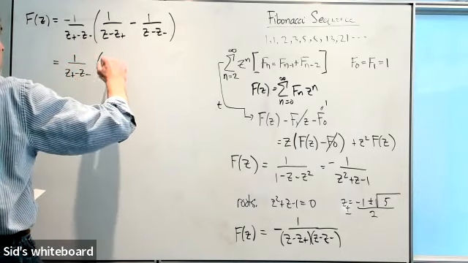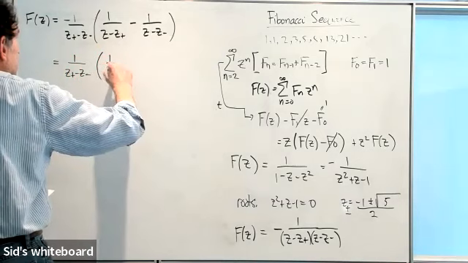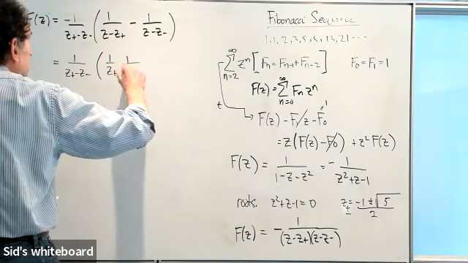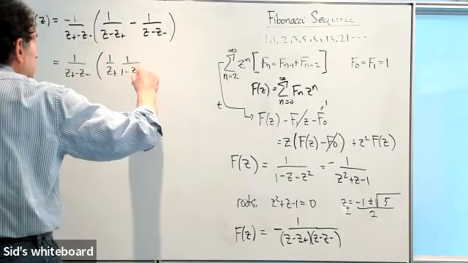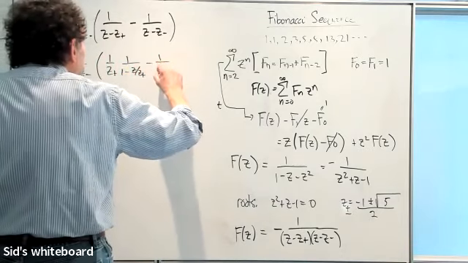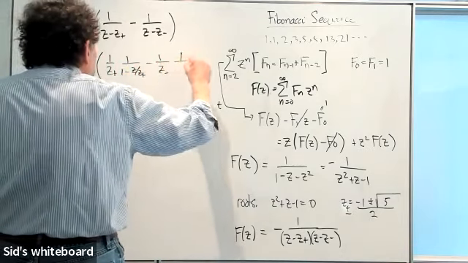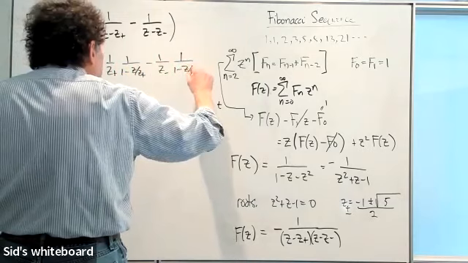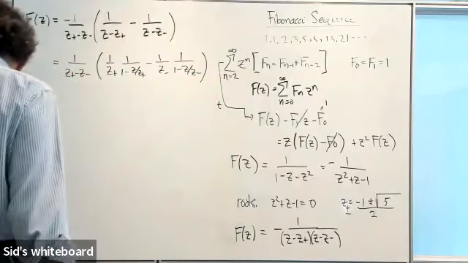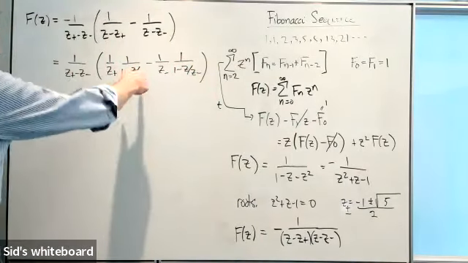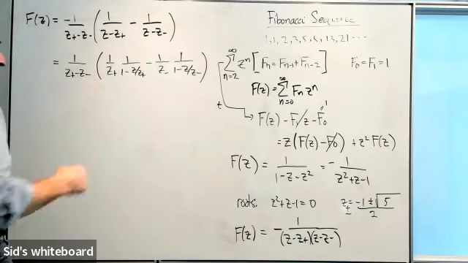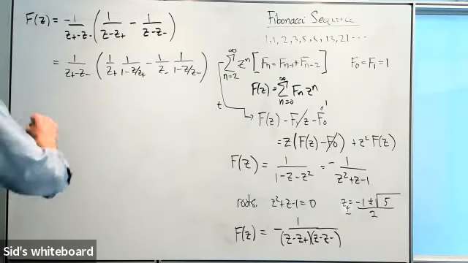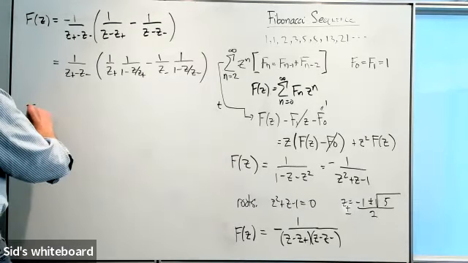And then here, I'll write this as 1 over z plus times 1 over 1 minus z over z plus. And here I have 1 over z minus times 1 over 1 minus z over z minus. And now in this form, this factor 1 over z plus, well, that's trivial to make a power series expansion of it. And so we can immediately infer what Fn is.